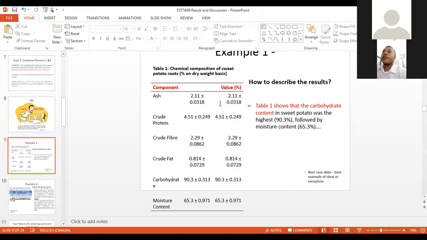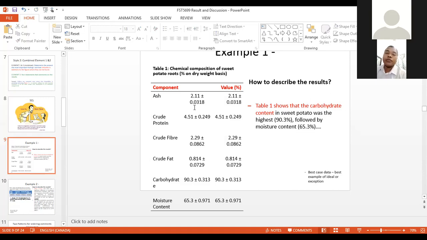And then, okay, when you talk about the table, it should come with the means plus minus standard deviations. So there is the mean. So how to get the mean? When you talk about the value, for example, after this, the mean comes from the average of minimum 3 readings plus minus standard deviation or standard error mean.